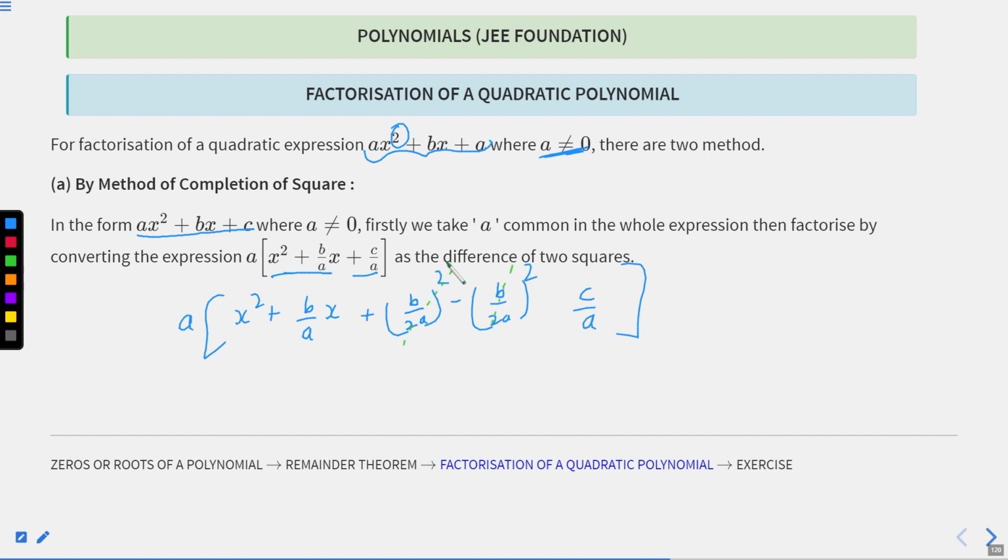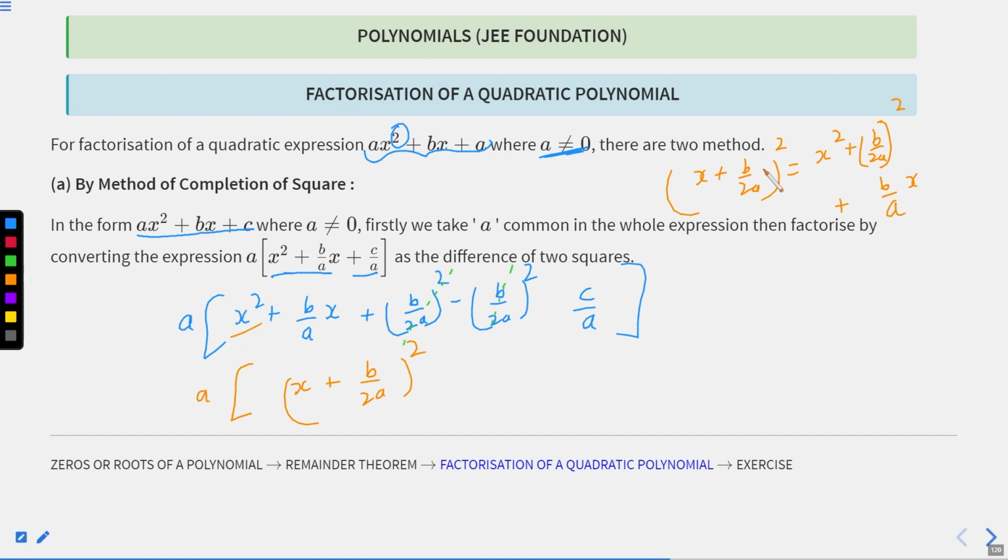But we are not cancelling out, we are just evaluating them further. If I take this b by 2a whole square and expand it, you will get b square by 4a square, and 2 times the product, where the 2 cancels and you are left with b by a x. I hope this is clear.